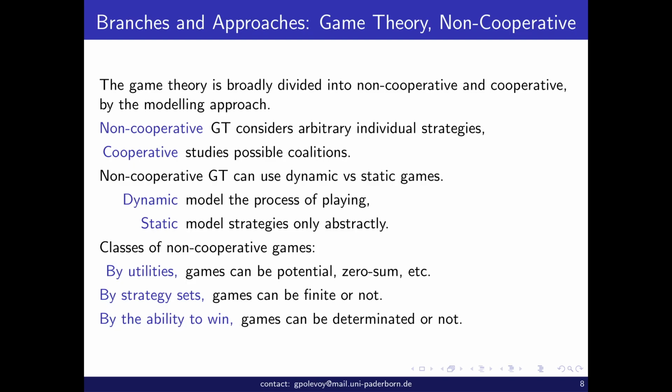So by the ability to win, the question is, does there exist a strategy for one of the players such that that player, regardless of what the other player does, always can win?